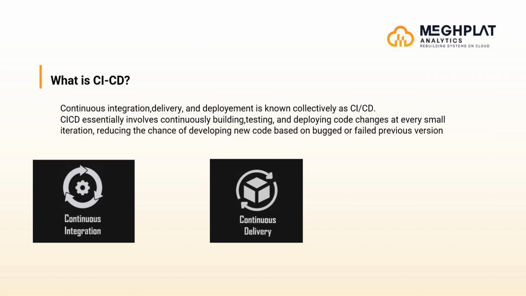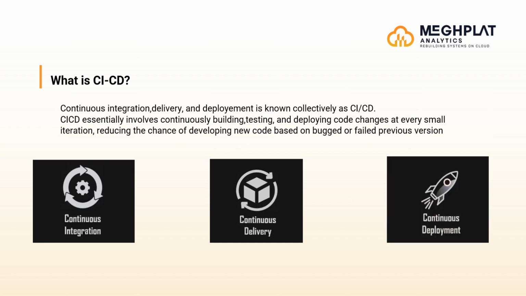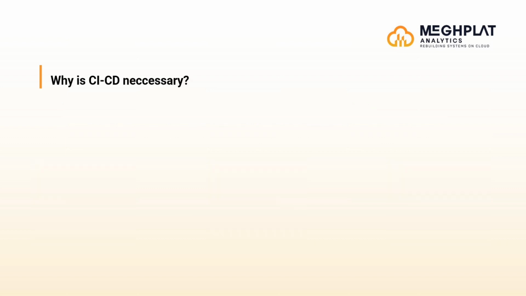This method ensures that the code is tested automatically but requires human intervention to manually and strategically trigger the deployment of the changes. Then continuous deployment. This is also a step beyond CI, similar to continuous delivery. The difference is that instead of deploying the application manually, we set it to be deployed automatically. This does not require human intervention.